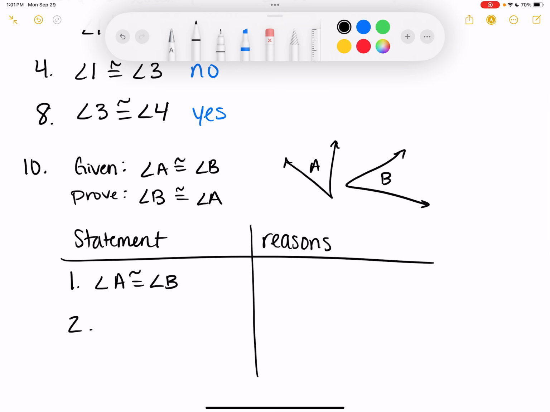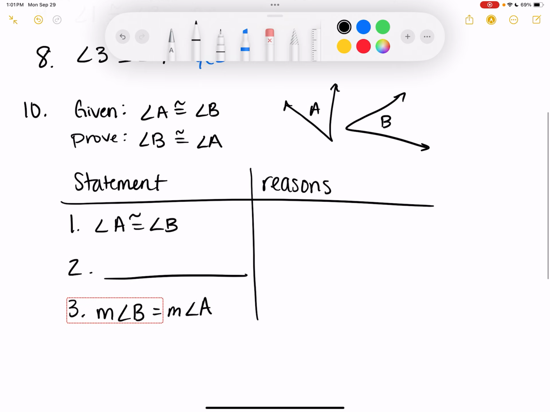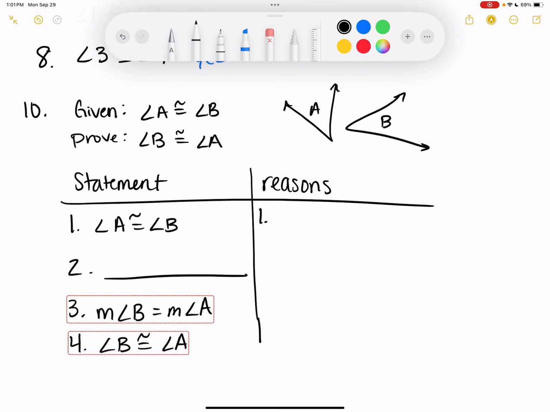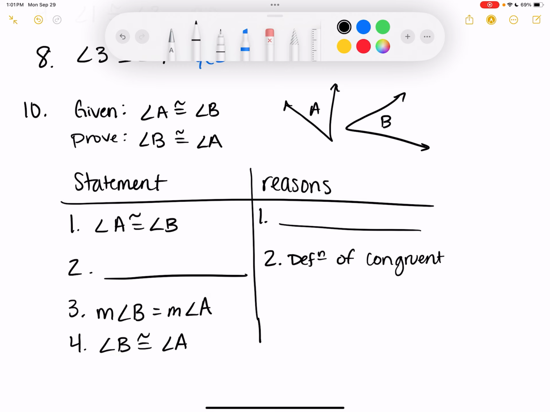We have to fill that one in. 3, the measure of angle B is equal to the measure of angle A. And then 4, angle B is congruent to angle A. Reasons. Number 1, we have to fill it in. 2 is the definition of congruent angles. 3 and 4 we have to fill in ourselves.